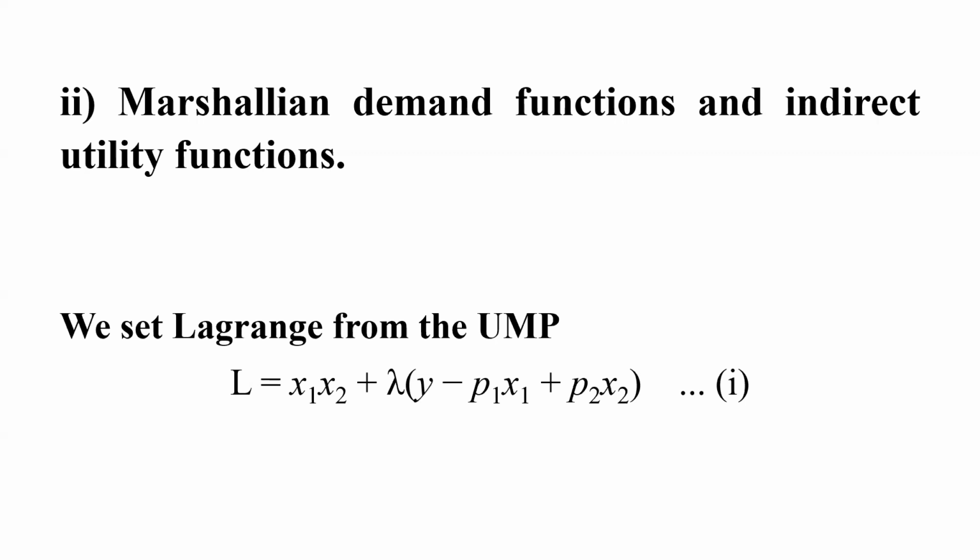We set up the Lagrangian form of the UMP, which is the Lagrangian function L = x1 x2 + lambda (y - p1 x1 - p2 x2); this is the first equation.